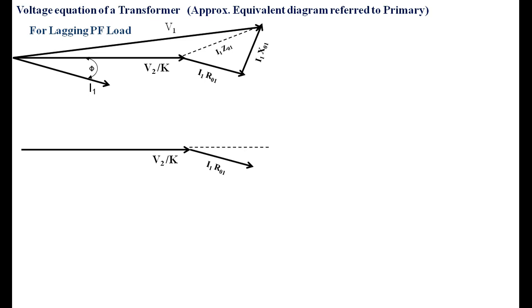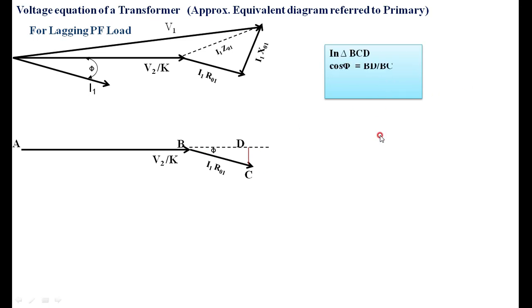Here I got I1 R01, which is in phase with I1. Now I am resolving the components along the X and Y axes. I am representing this as AB, and this as point C. Then I am resolving this into a Y component, that is CD, and BD is the X component of I1 R01.